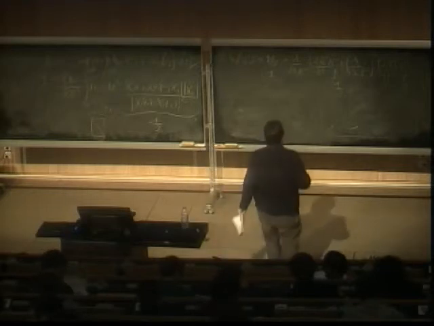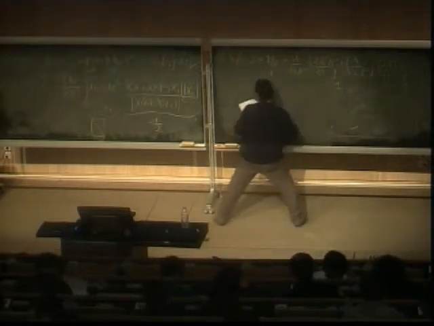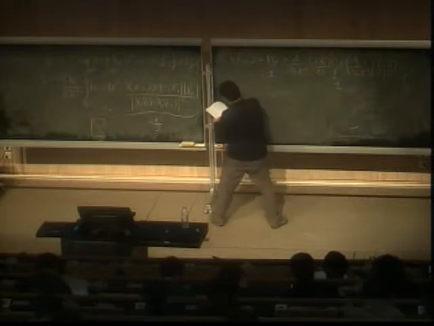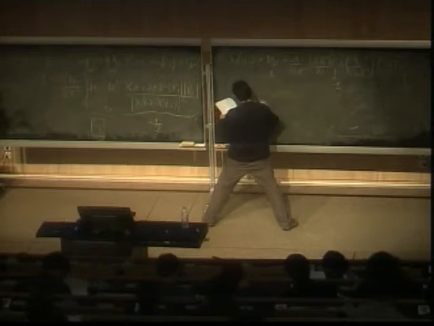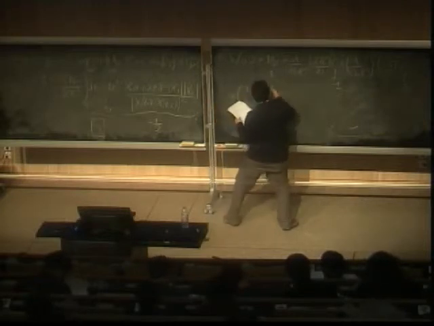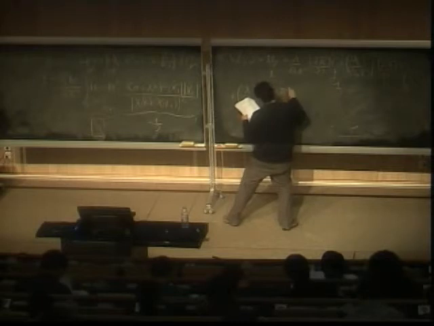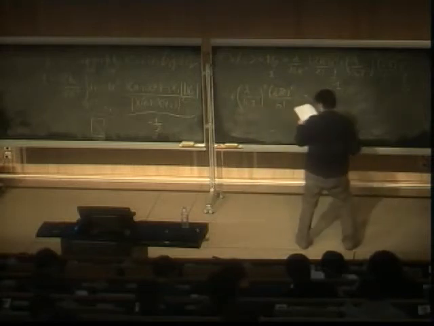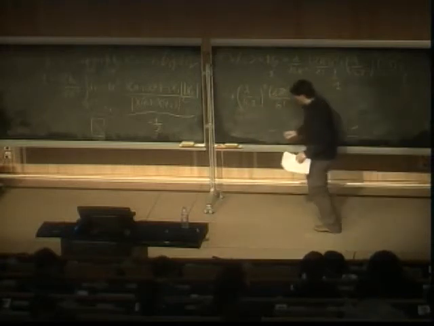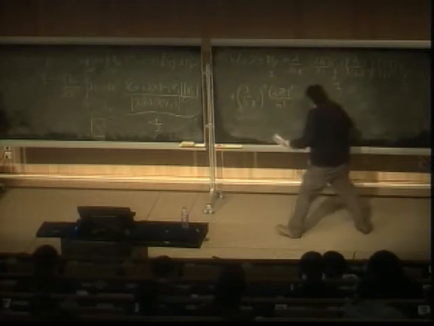If rainbow diagrams contribute, then at the next order we have plus, now you understand the trend, lambda over 16 pi squared cubed, 2 pi to the 6 over 6 factorial, and then C3, where this C3 is all the planar ways of contracting 6 fields.